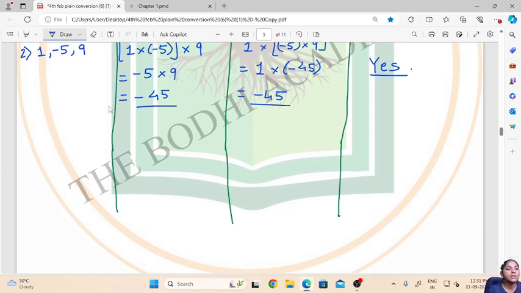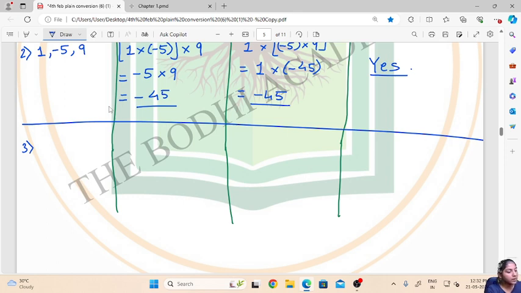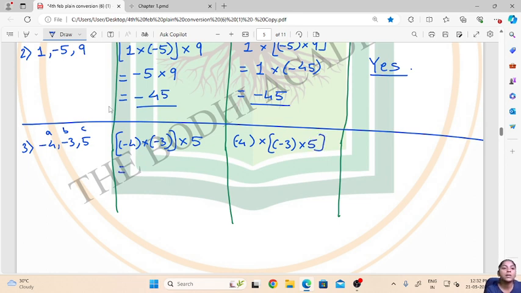Then we will see another example. Another one we have -4, -3 and 5. So these are our a, b and c. First we have (a × b) × c, and then a × (b × c). Let us solve these two expressions.